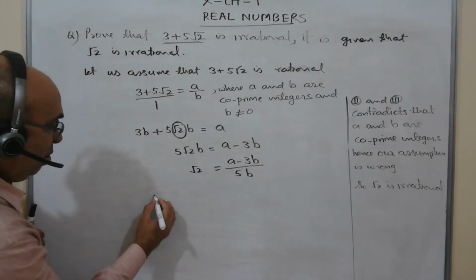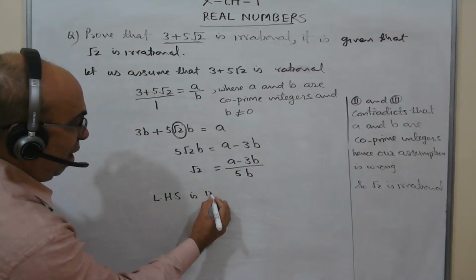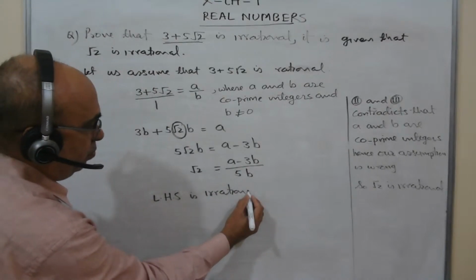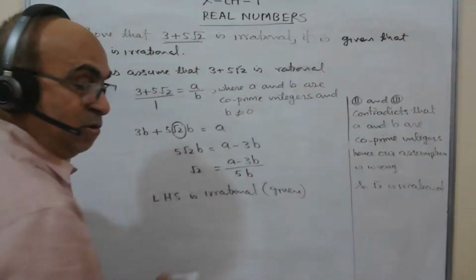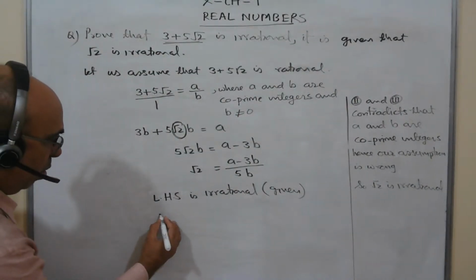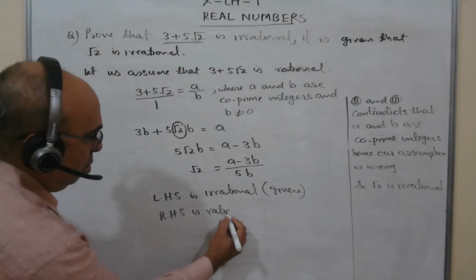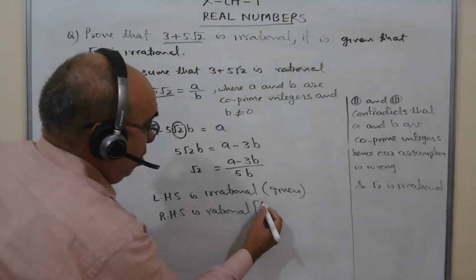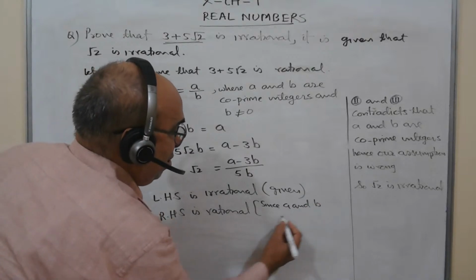Now we can write: left hand side is irrational. Why? It is given in the question. Right hand side is rational. Why? Since a and b are integers.